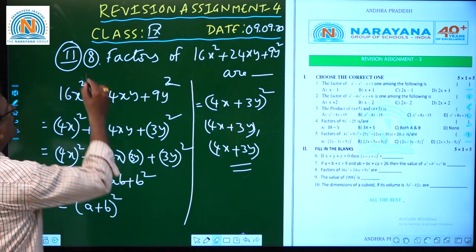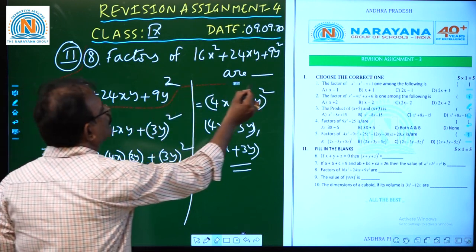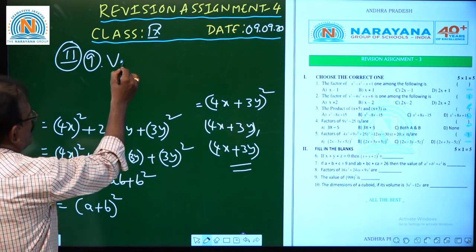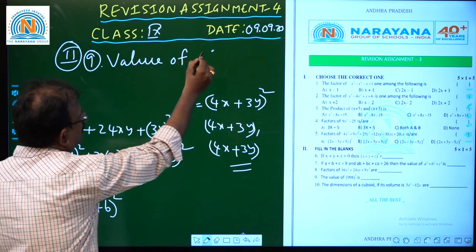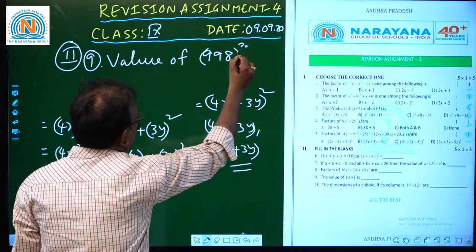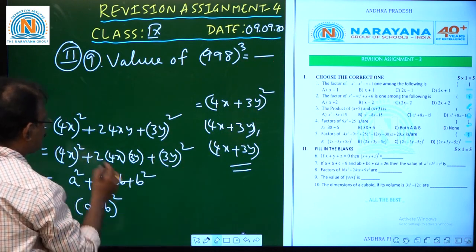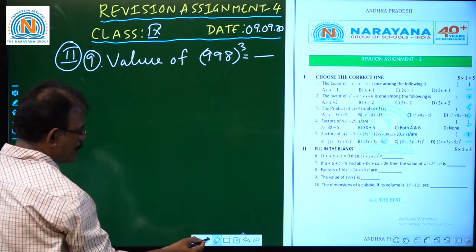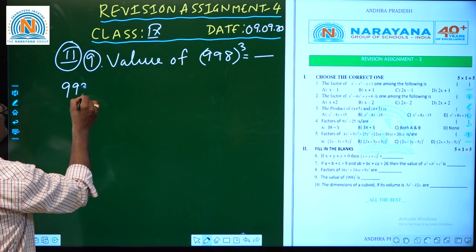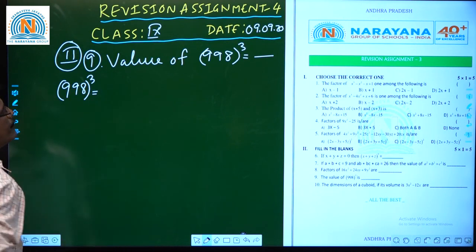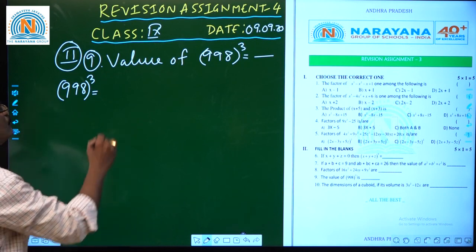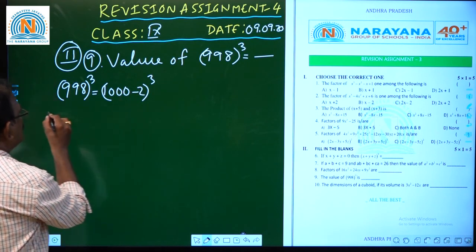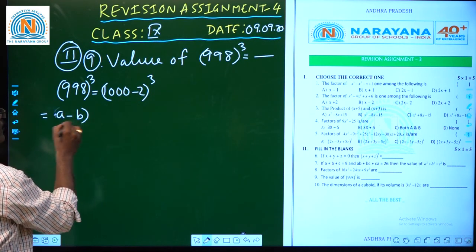Now come back to question number 9. Value of 998 whole cube is equal to dash. So 998 whole cube is equal to, subtract 2 from 1000, then it is in the form of (a minus b) whole cube, children.